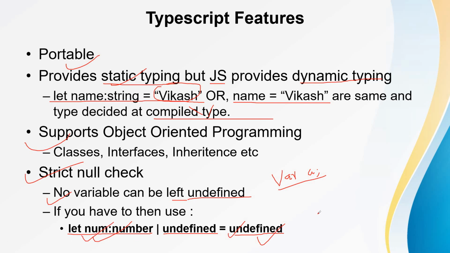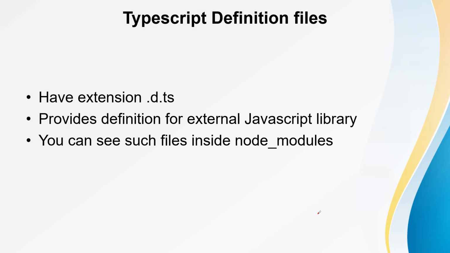Okay, let's move ahead and see the TypeScript definition files. What are the TypeScript definition files? Basically, you will mostly see the TypeScript definition files in the node modules. Most of you, if you have worked on Angular, React.js, Ember.js, or Vue.js, might be aware of node modules, right?